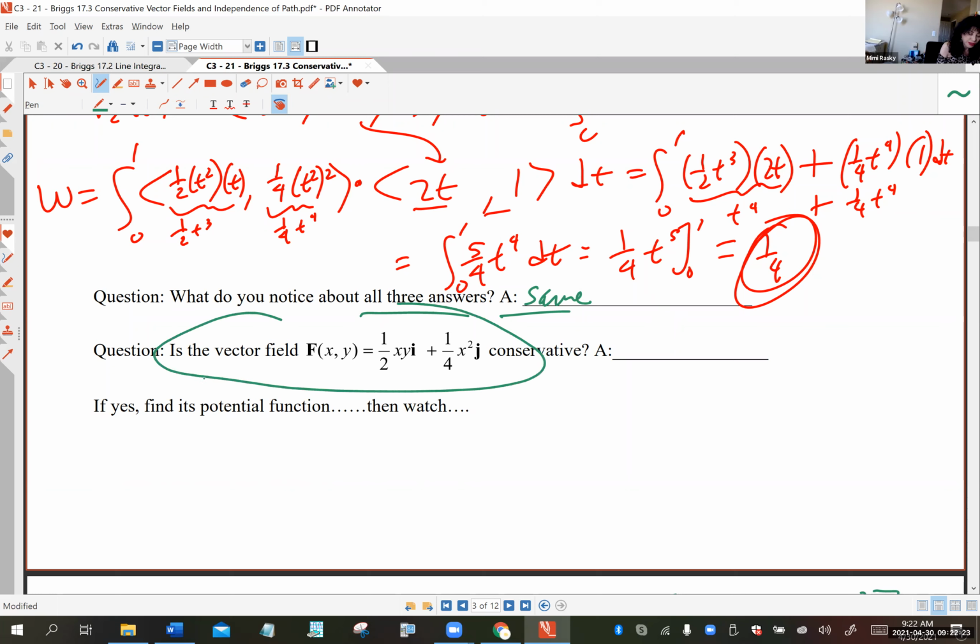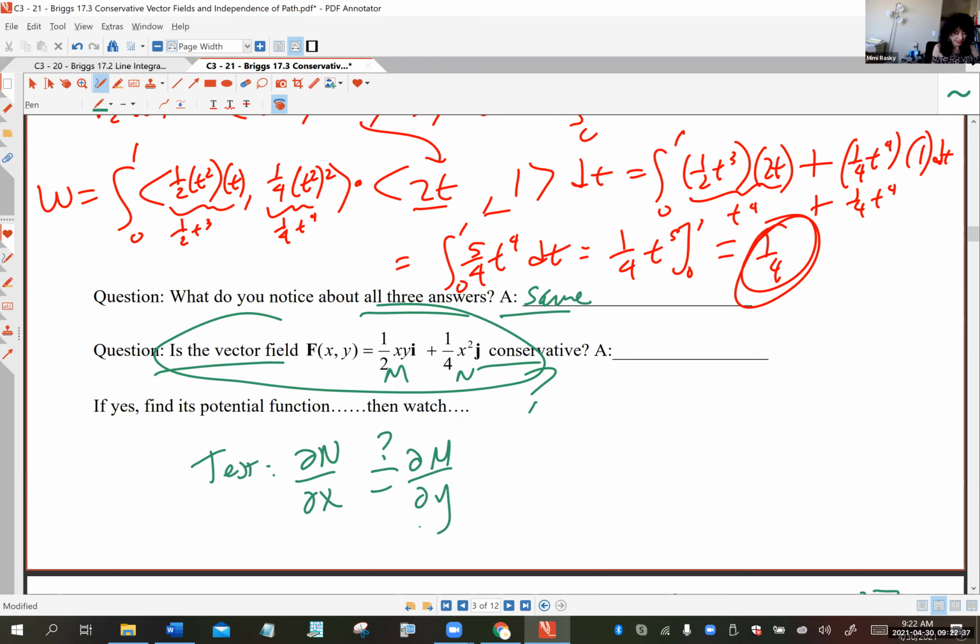But this vector field that we were working with, the question here is, is it conservative? Yes or no? Well, remember the test for a conservative vector field, which I did already, is does dN/dx equal dM/dy? I did that in a previous lecture. So let's check it for this vector field. Well, dN/dx, the partial of 1/4 x squared with respect to x is what?